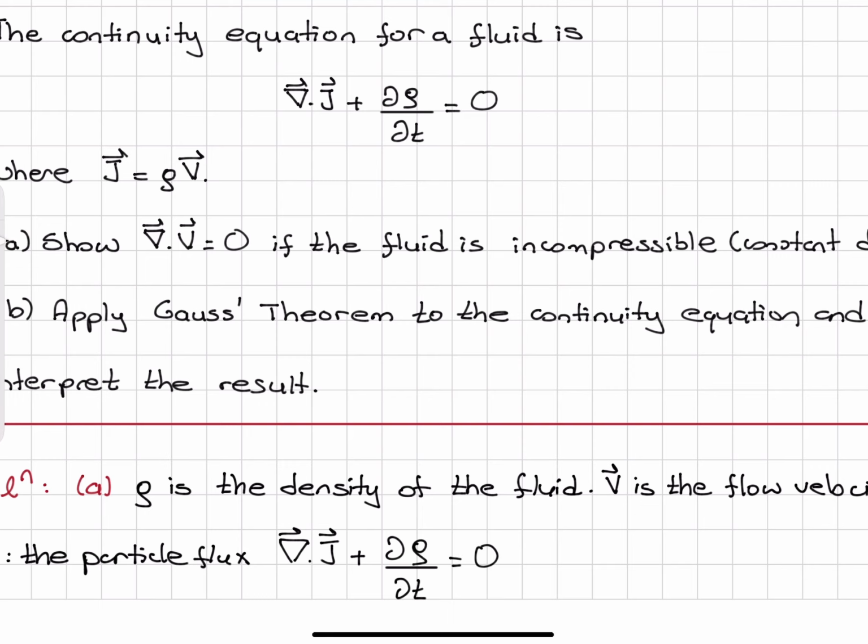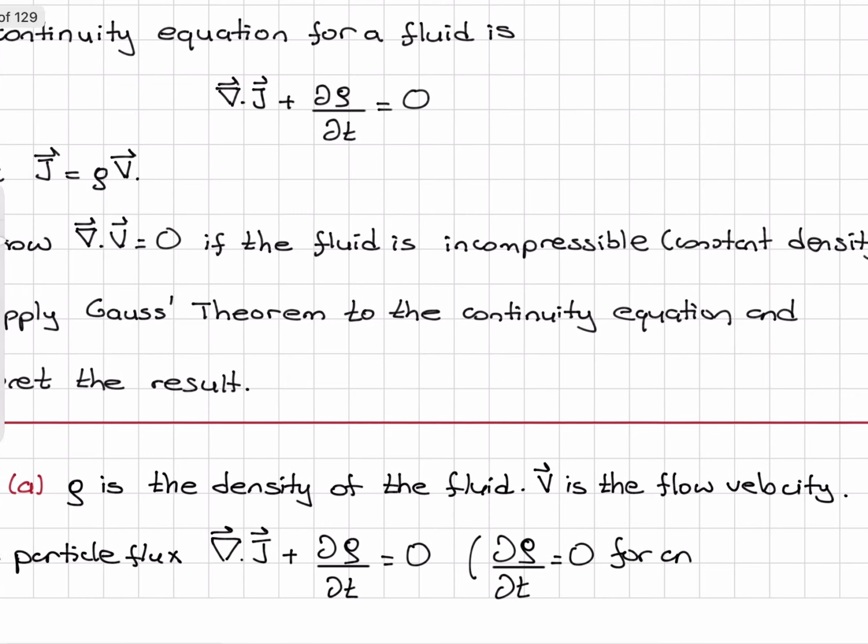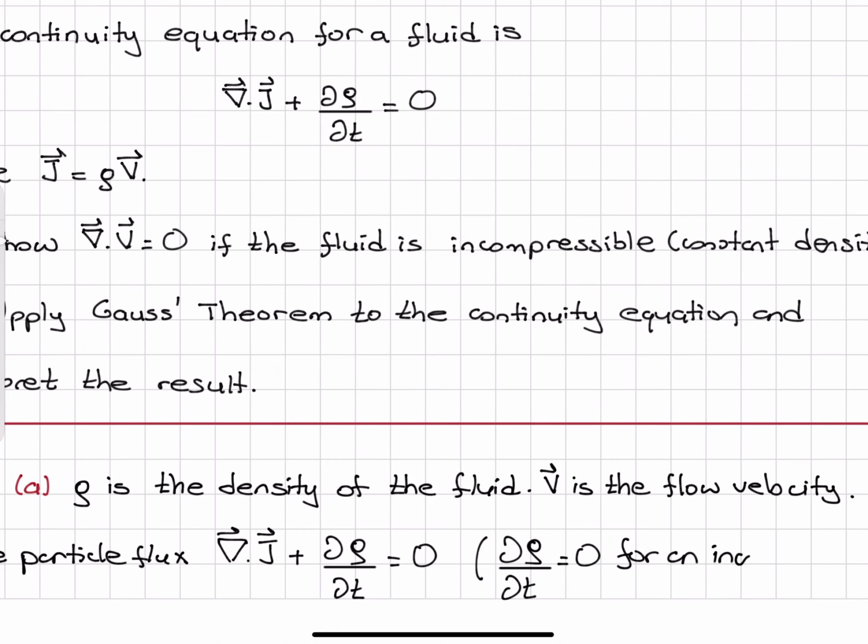That's the continuity equation. But for an incompressible liquid with constant density, del rho del T is equal to 0 for an incompressible fluid.